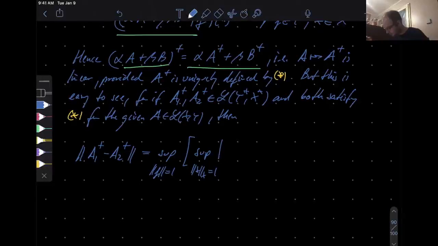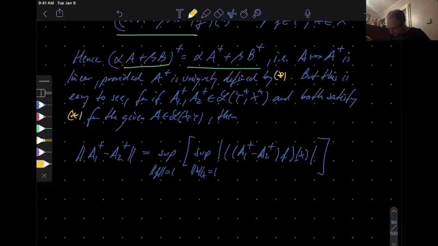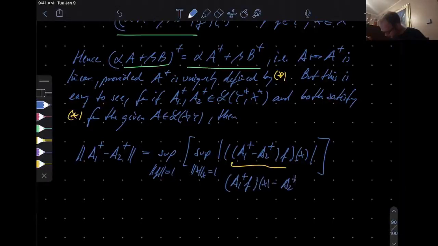Okay, and it was A1 dual minus A2 dual, F of x, like this. And now you use what you already showed up there, namely by pointwise definition, this is going to be A1 dual F of x minus A2 dual F of x.